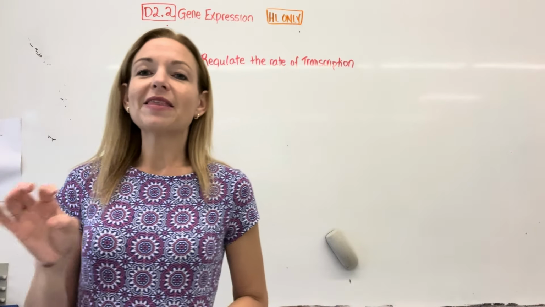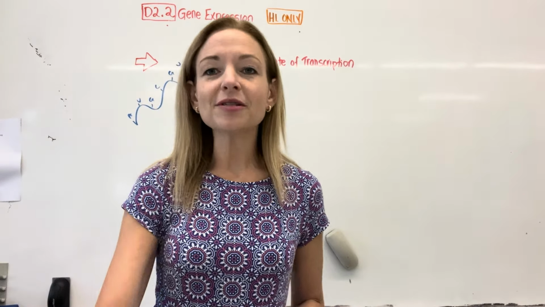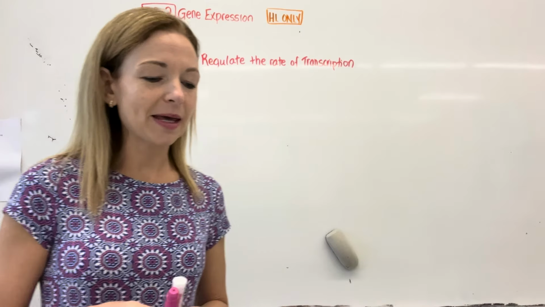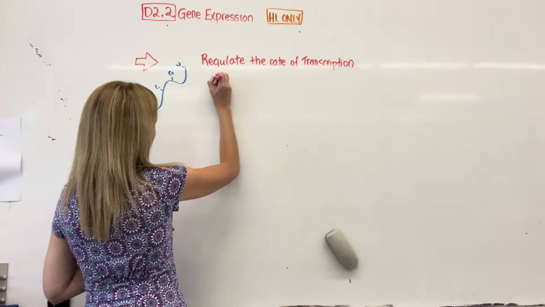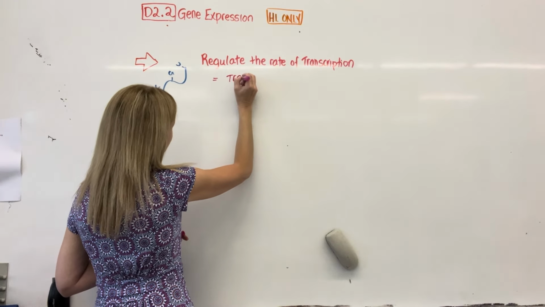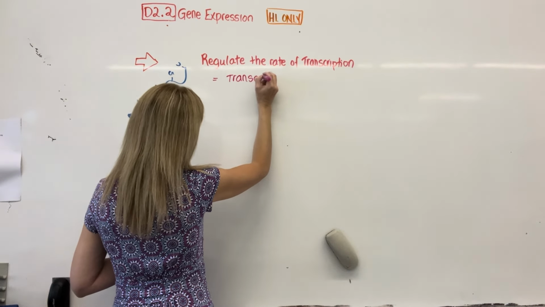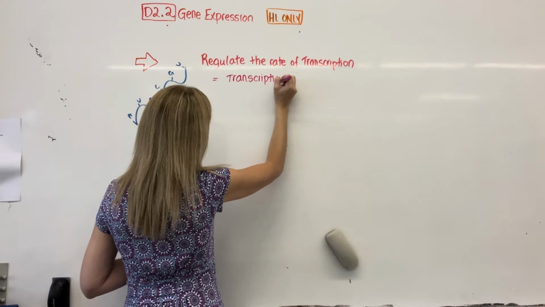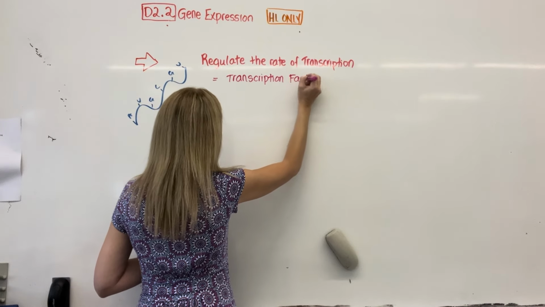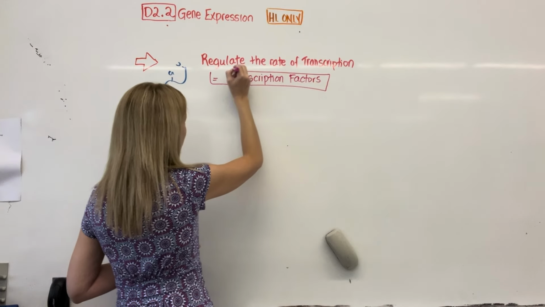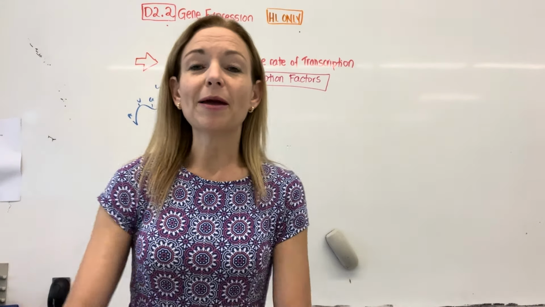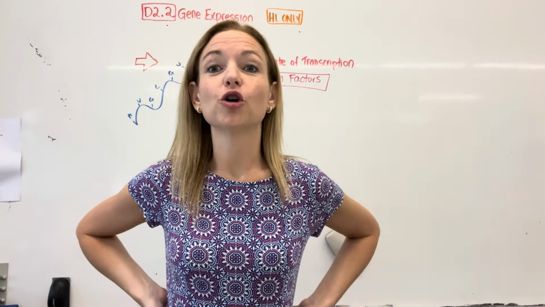The main way that is done in eukaryotes, we'll talk a little bit about prokaryotes in a minute, is with transcription factors. So in eukaryotes, we talked about this in D1, but RNA polymerase cannot directly bind to a promoter.